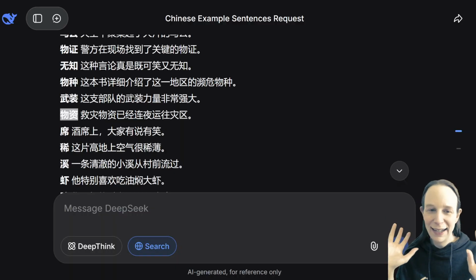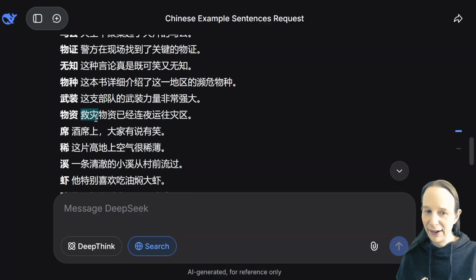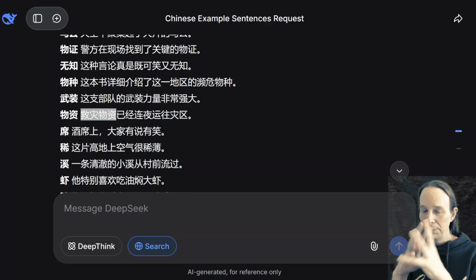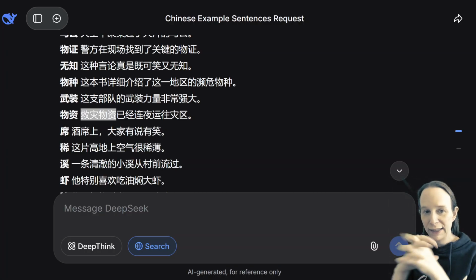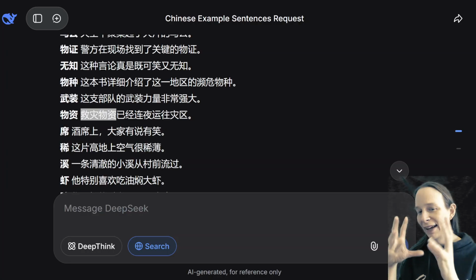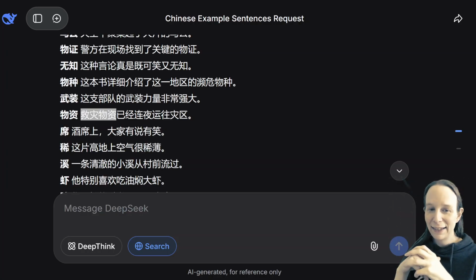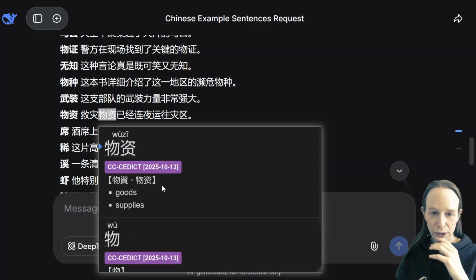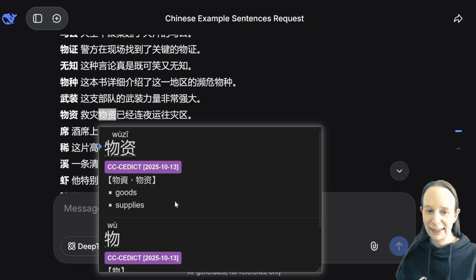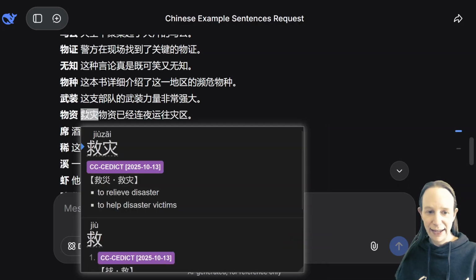I don't know the precise translation. 救灾物资已经连夜运往灾区. So these are the resources used to 救灾, to help people out during a calamity. Maybe there's an earthquake. So goods, supplies. So yeah, 救灾, helping disaster victims.